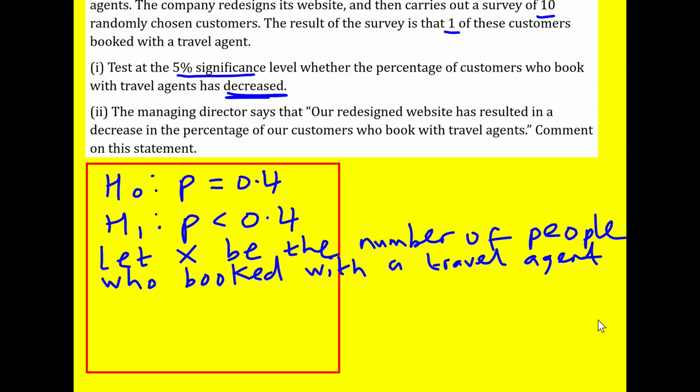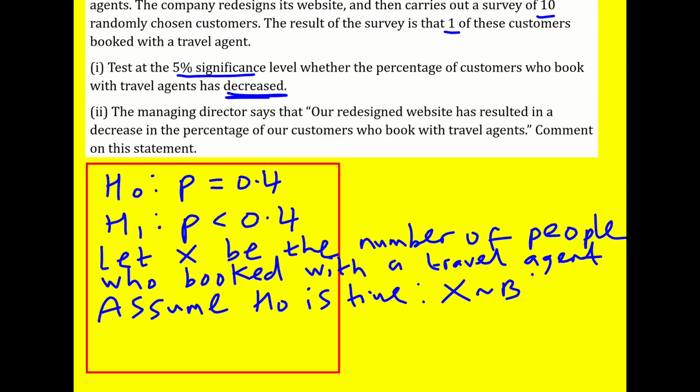And then what do we do? We assume H0 is true because that allows us to do a calculation. And that means that X will follow a binomial distribution. We can see that we're doing 10 trials and the probability of success is 0.4.